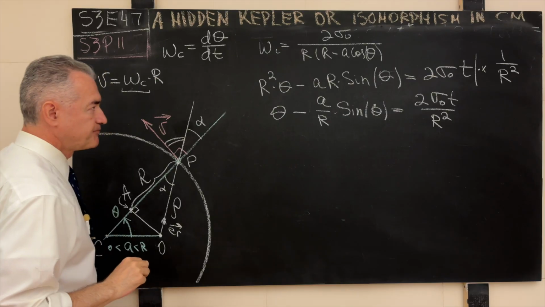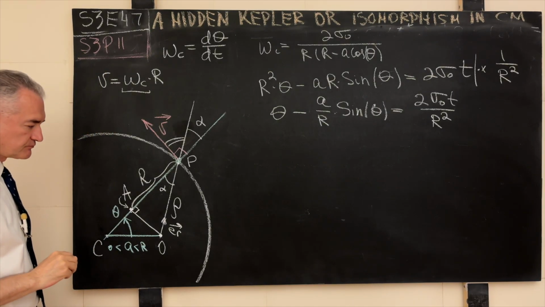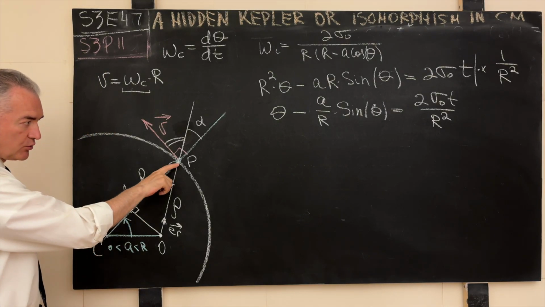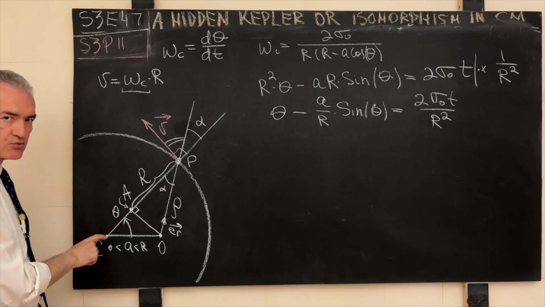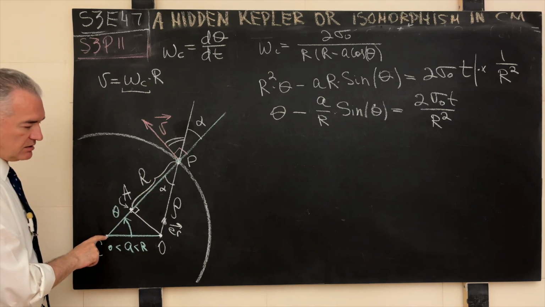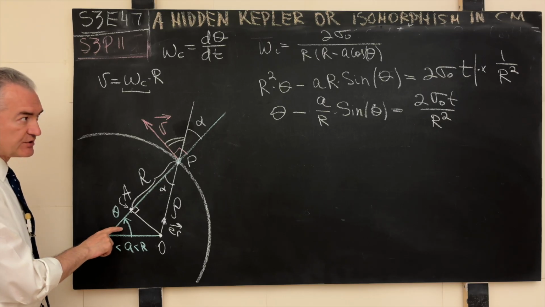So this is the equation that ties together the angular displacement of our point P with respect to the center C and time. This is the time evolution of this angle.